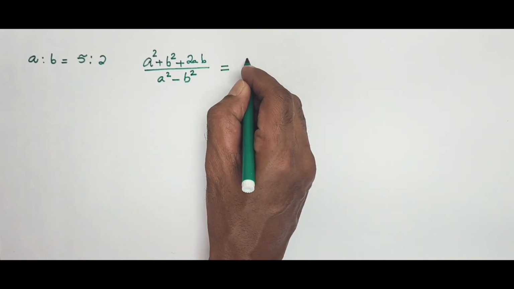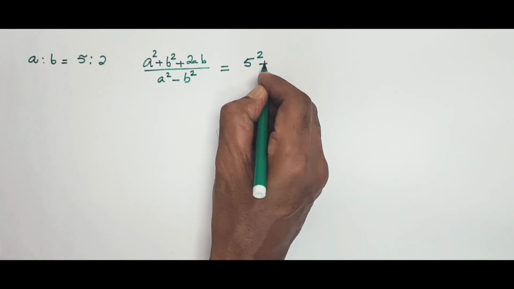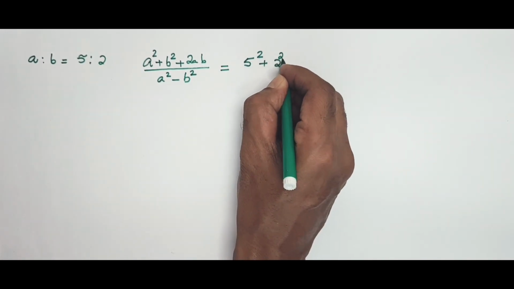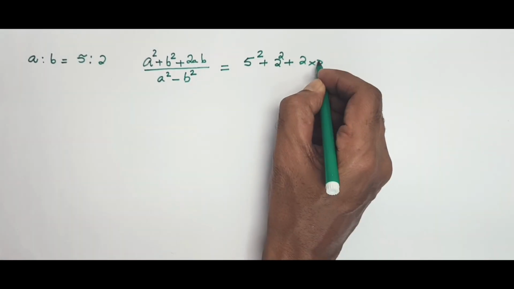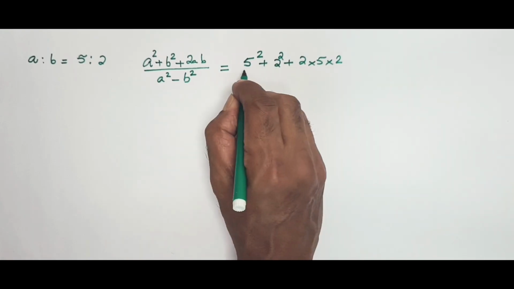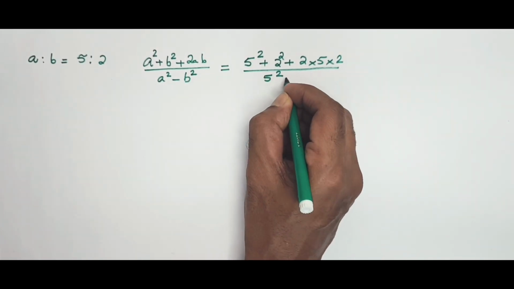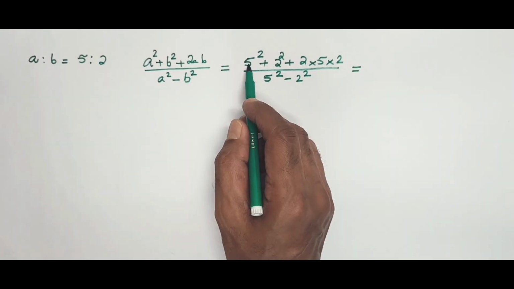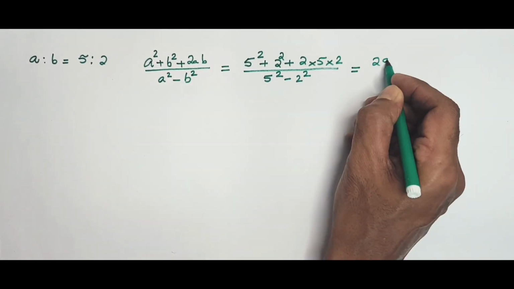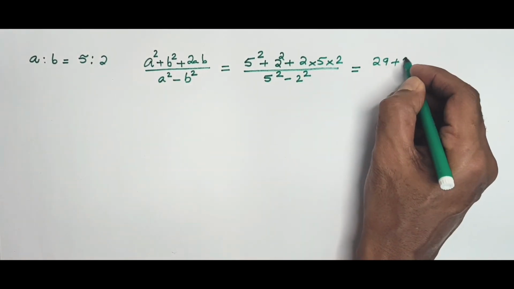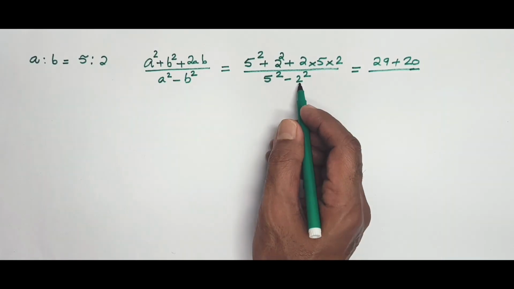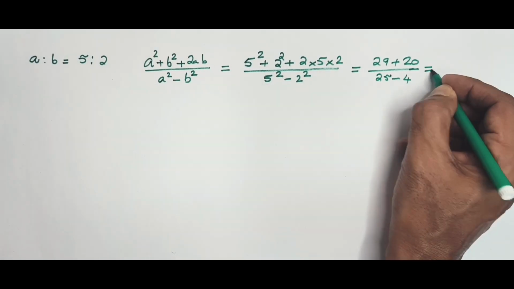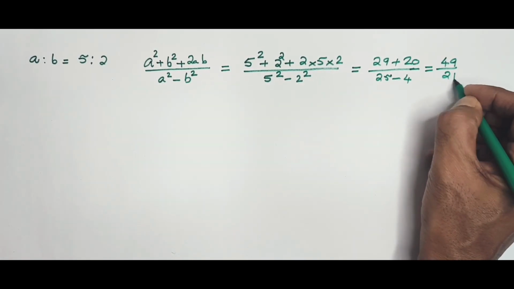So putting a equals 5 and b equals 2, you get 5 squared plus 2 squared plus 2 multiplied by 5 multiplied by 2, the whole divided by 5 squared minus 2 squared. This equals 25 plus 4 plus 20, the whole divided by 25 minus 4, which equals 49 divided by 21.